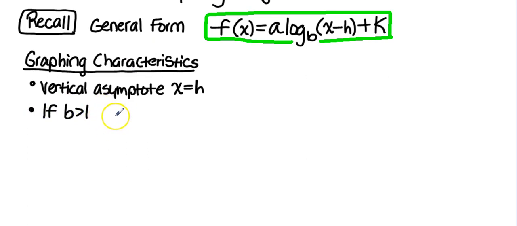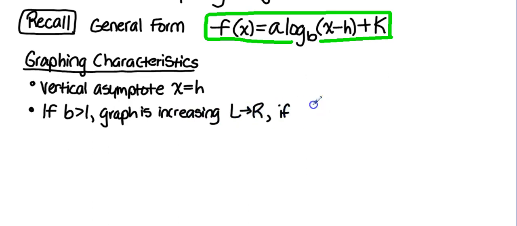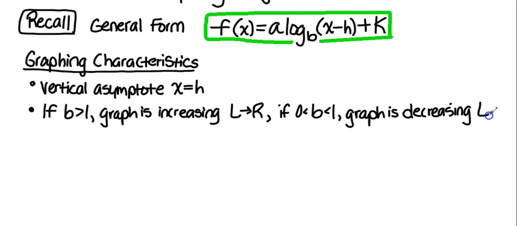If b is greater than 1, the graph is increasing left to right. If b is between 0 and 1, the graph is decreasing left to right.